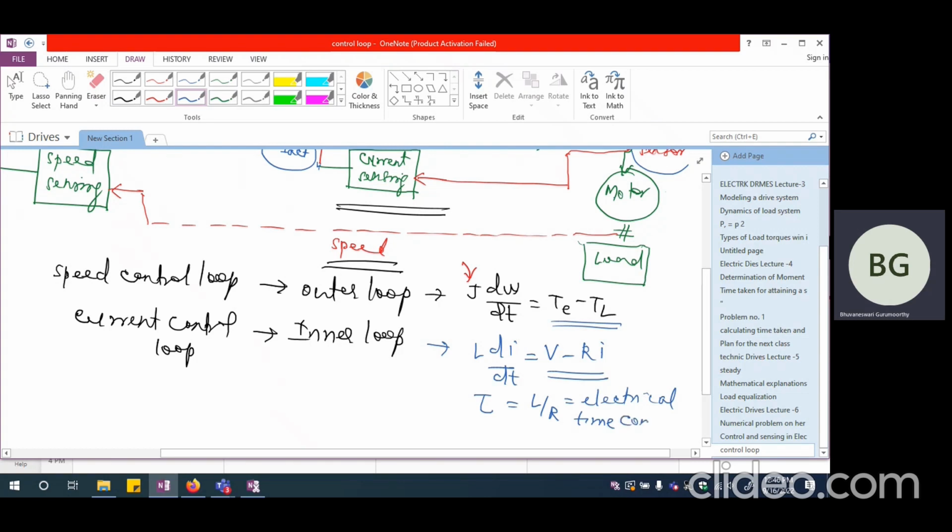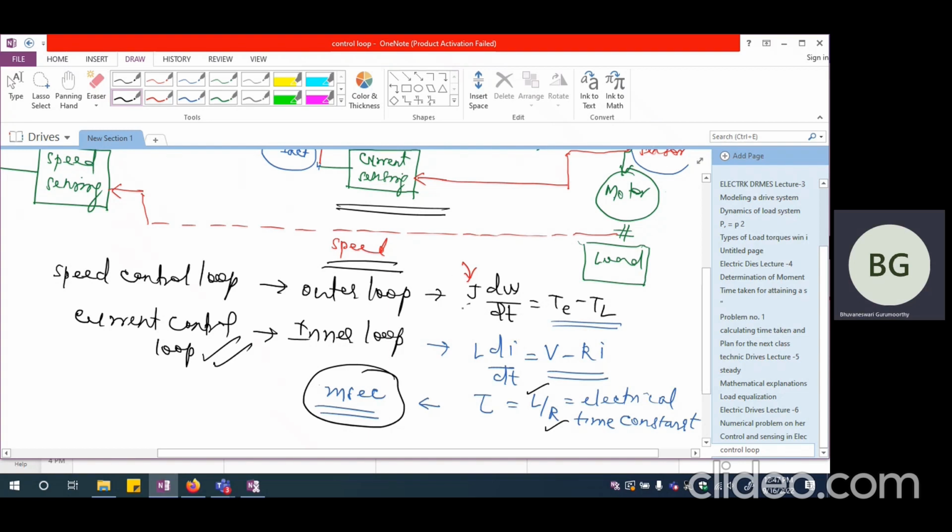The electrical time constant is generally of the order of only a few milliseconds, or even smaller, depending upon what inductance value and what resistance value I have. Depending upon that, I can have milliseconds or microseconds. So that is the time duration needed for the response of the current control loop.